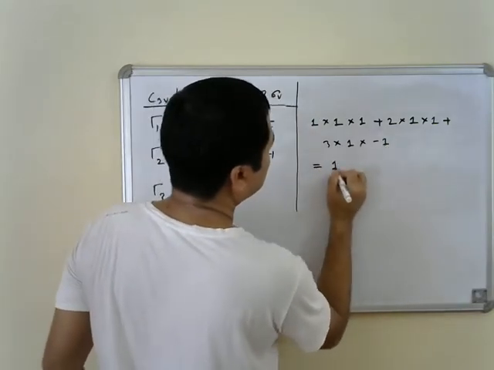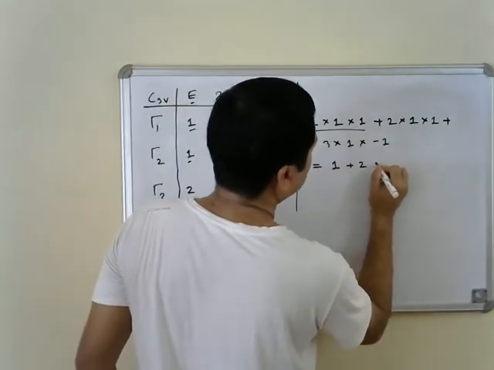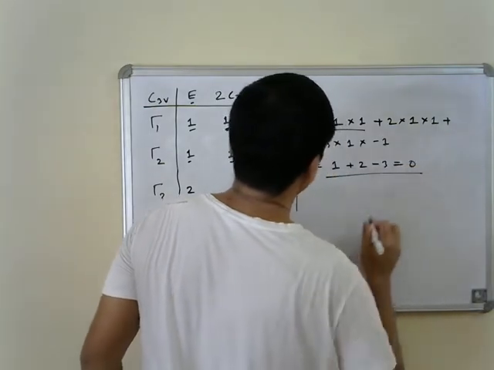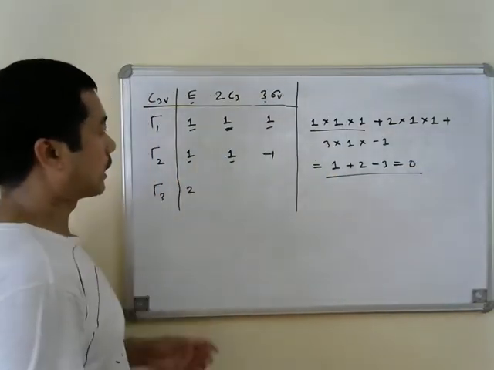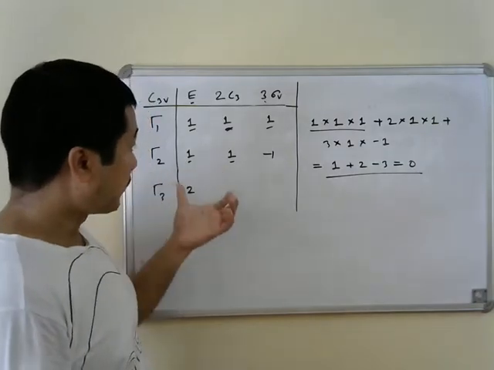If you see, this is +1 +2 -3, equal to 0. So only this combination of characters satisfies the orthogonality rule.